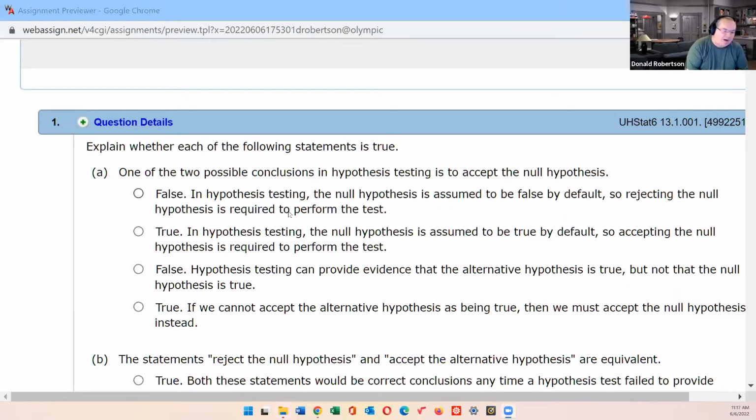Doesn't that just mean you haven't found evidence to prove it's gone down? It might have gone down, it might have gone up, but there's no evidence in that. So you never get to do that. So it's either false on that one or false on this one. Hypothesis tests could provide evidence about the alternate being true, but not about the null being true.